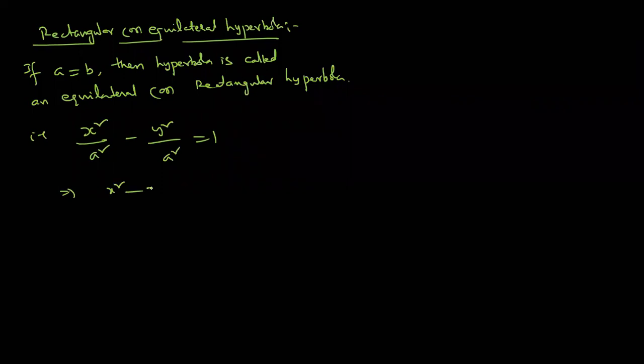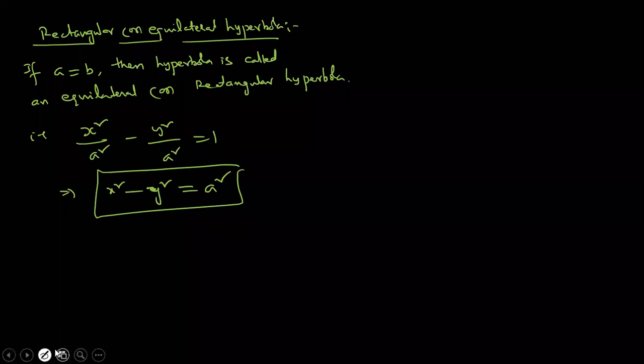So what is the formula coming? x square minus y square is equal to a square.